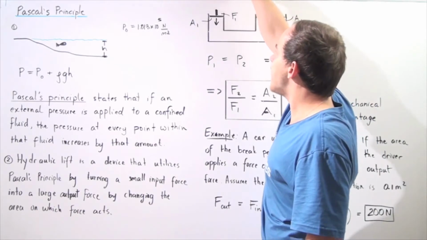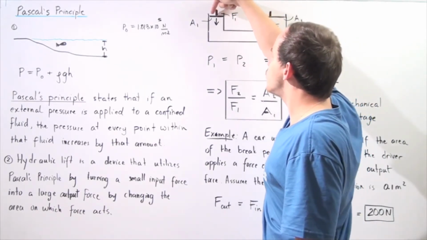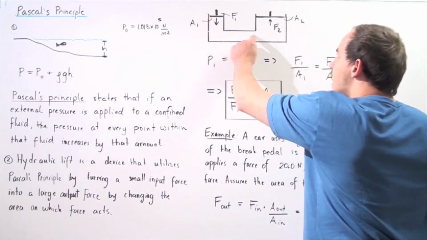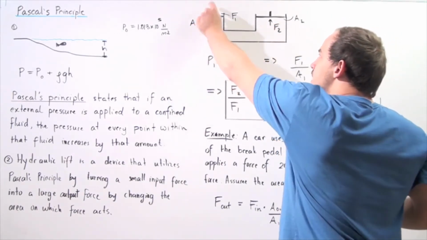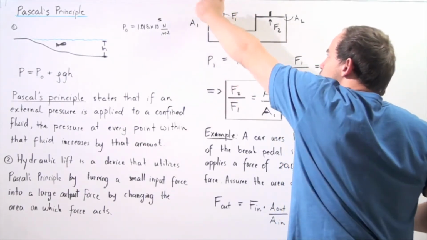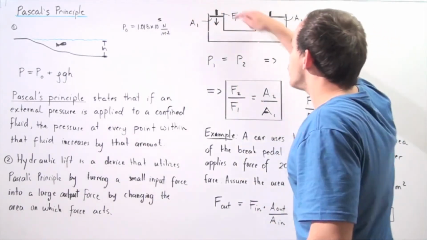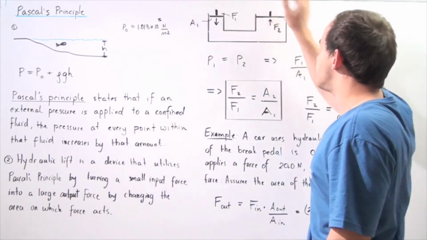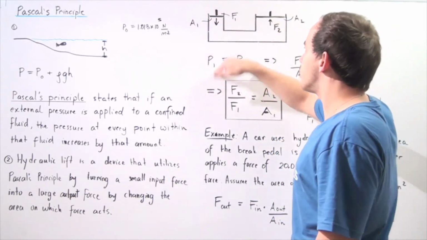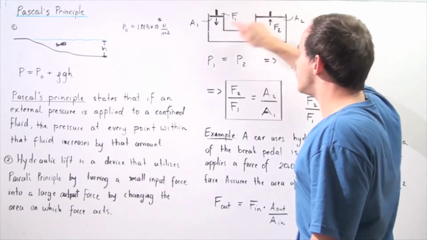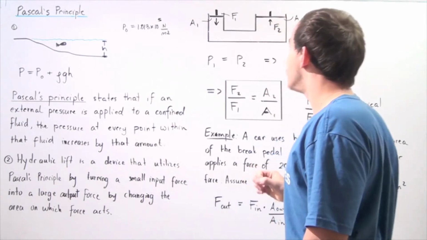So we apply a pressure P1 to this area A1, and because this inside section is a fluid, the pressure will remain undiminished and go through the entire fluid. And so the pressure that this area feels is the same pressure that this area feels. So P1, the pressure here, is equal to P2, the pressure here, because of Pascal's principle.